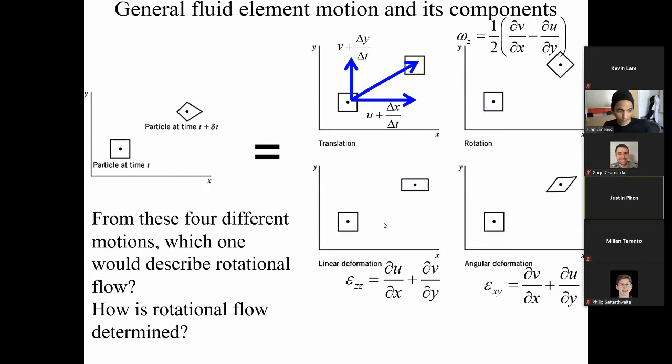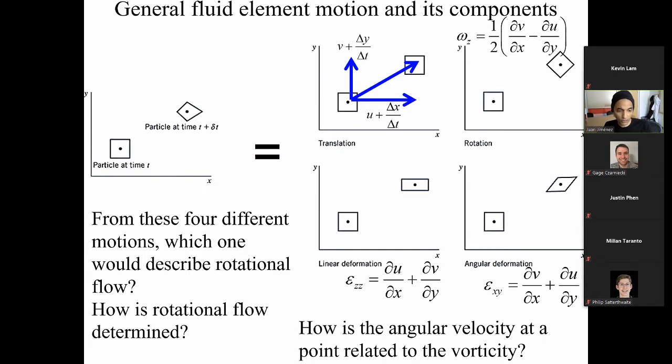And just a quick point I want to make: angular velocity and vorticity are related. One is just twice the amount of the other. So you could choose either the angular velocity or the vorticity equation, and you can show that the flow is rotational.